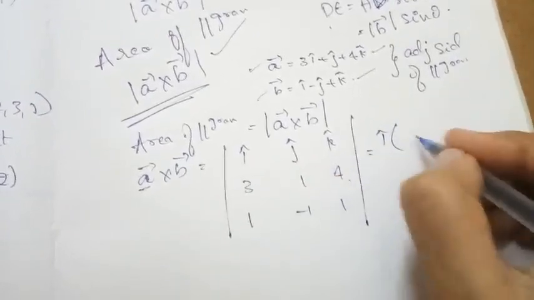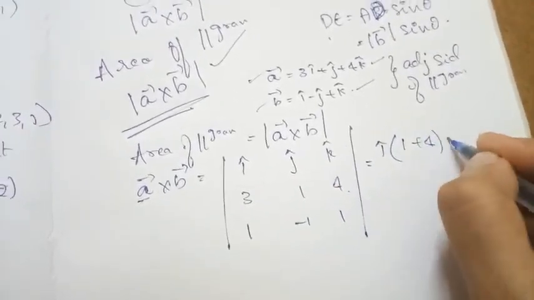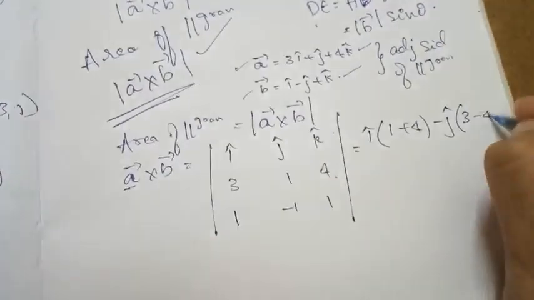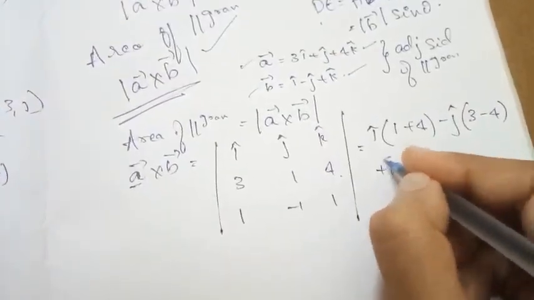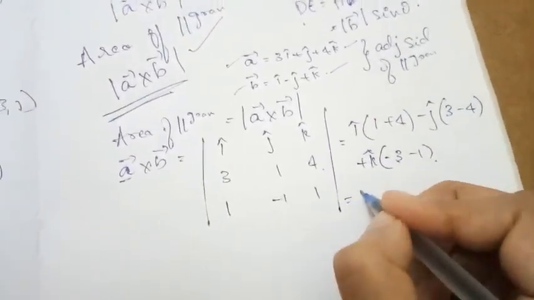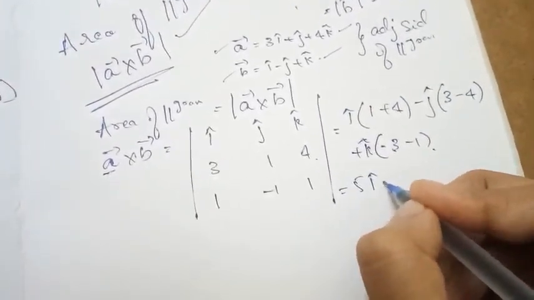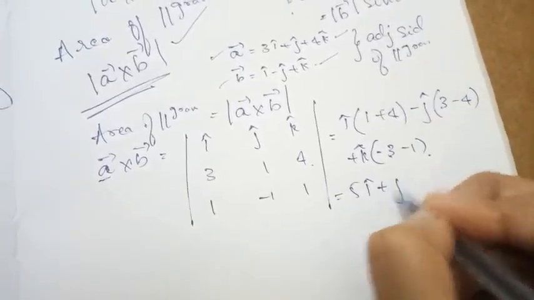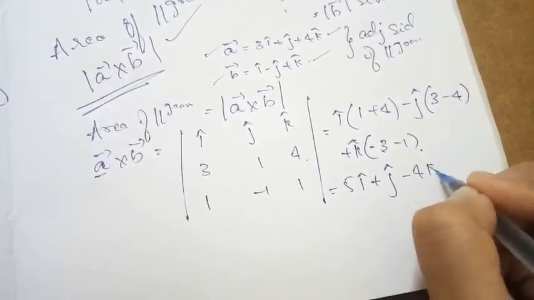Now expanding along the first row: I cap times (1 plus 4), minus J cap times (3 minus 4), plus K cap times (minus 3 minus 1). So it is 5 I cap, minus into minus, here minus 1 minus 1 minus minus, plus J cap, minus 4 K cap.